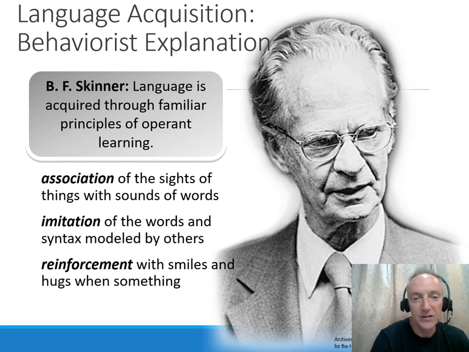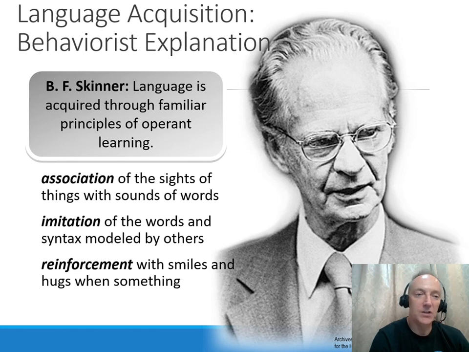You learn it because of principles of operant conditioning. You associate words with things in the world that they represent. You're learning because you are imitating what you hear and what is spoken to you.